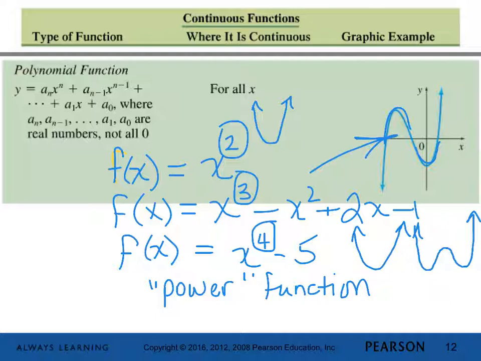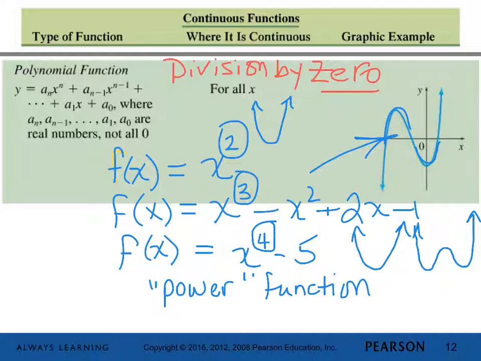But the key here to think about is that in a polynomial function, we're not violating either of the cardinal rules in math. There are two things that we are never, ever allowed to do in math. Division by 0 is undefined.